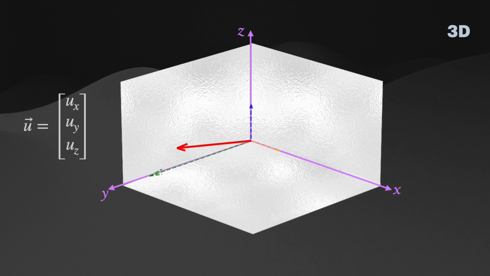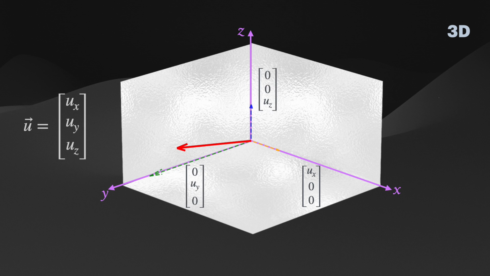Just like in the two-dimensional case, the three components of the vector are placed in 3 rows, with each component representing displacement along one axis. To obtain the component along the x-axis, for example, we set all other entries in the column to 0, leaving only u subscript x.